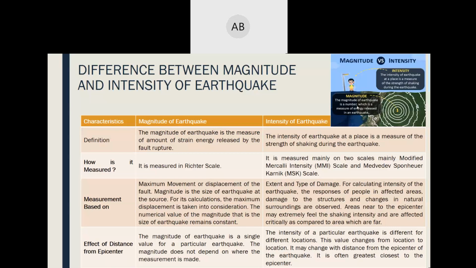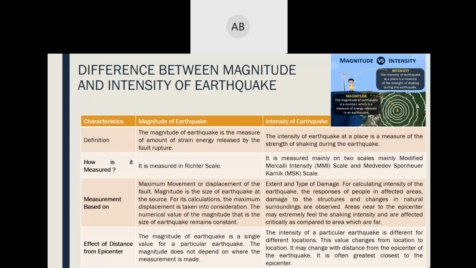Magnitude, as you see in the small figure on the top right corner, is an absolute quantity. It indicates the amount of energy that is released in an earthquake. What are the units of energy? Remember, in physics, energy is measured in joules or kilojoules.